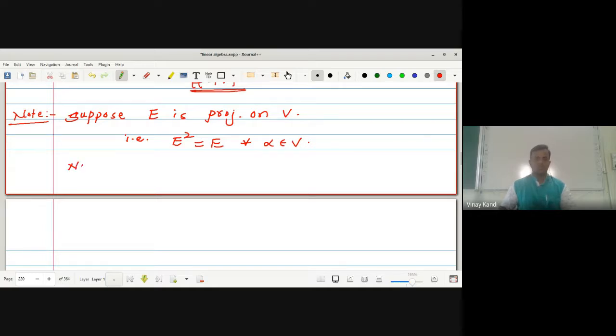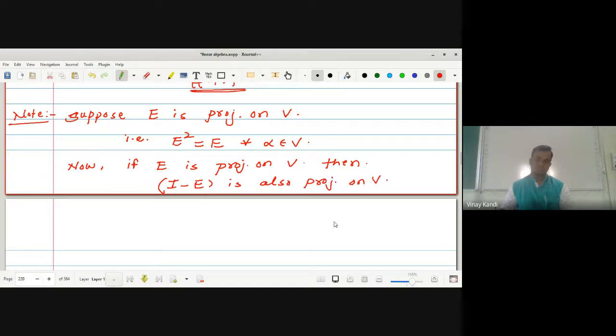Yes, sir. If capital E is a projection on V, then I minus E, the identity operator minus E, is also a projection on V. This is the subtraction of two operators.